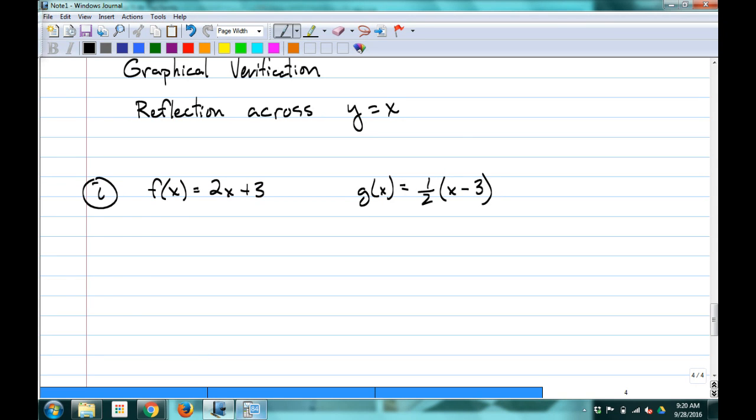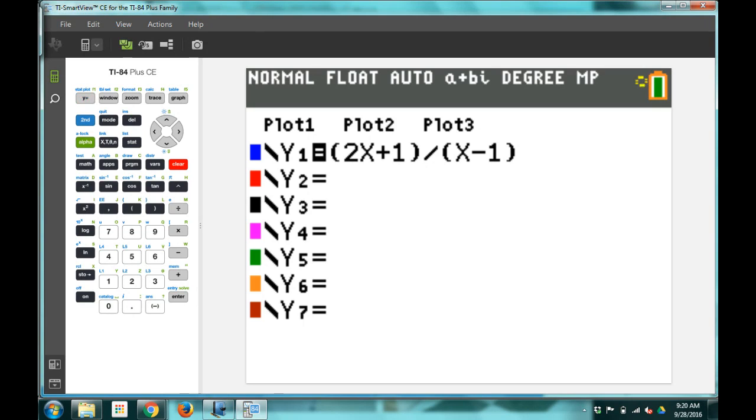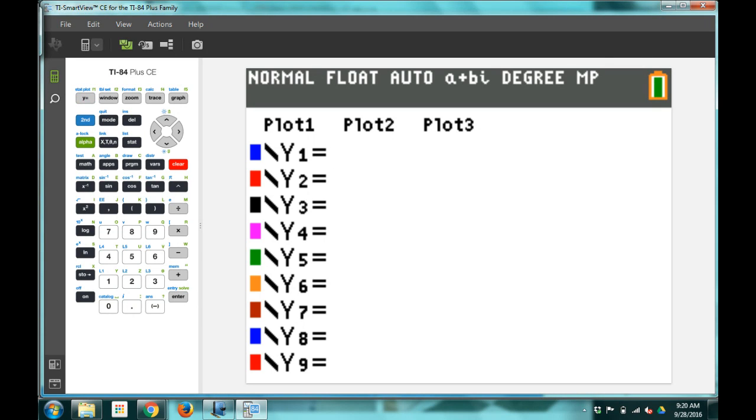So I'm going to y equals, it's the same two functions we used in example H. It's the 2x plus 3, which I'm going to graph as y1. y2, I'm going to graph as 1/2 times x minus 3 in parentheses. We'll make sure you type them in correctly. And in y3, I'm going to graph the y equals x line so that I can see the reflection across it.